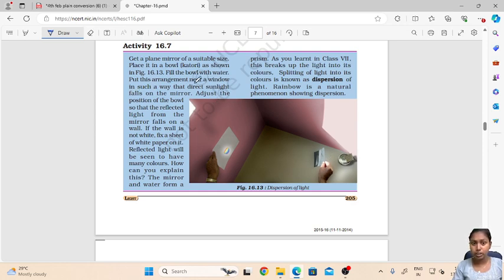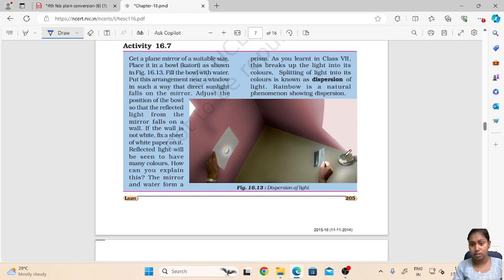Put this arrangement near a window in such a way that the direct sunlight falls on the mirror. Now adjust the position of the bowl so that the reflected light from the mirror falls on the wall.